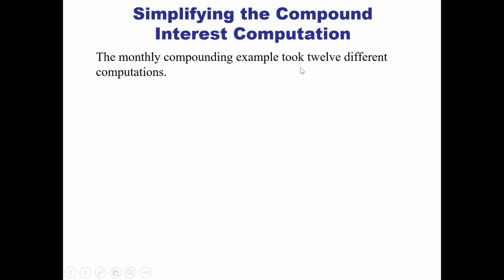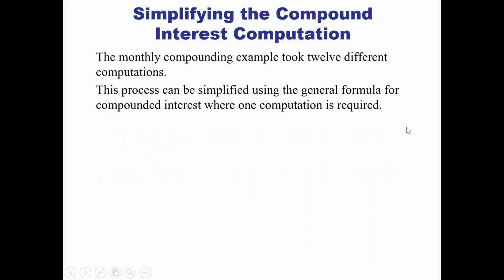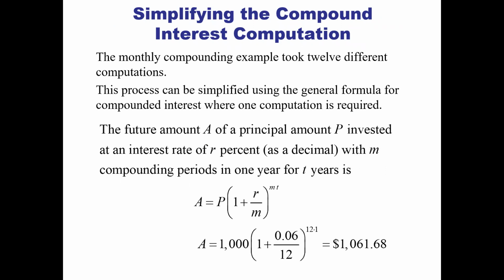Okay. So the monthly compounding example took 12 different computations, but we can simplify this process a lot using a general formula for compound interest where only one computation is required. The future value is equal to the principal times 1 plus the rate divided by m, where m is the number of compounding periods, and m times t is the exponent.